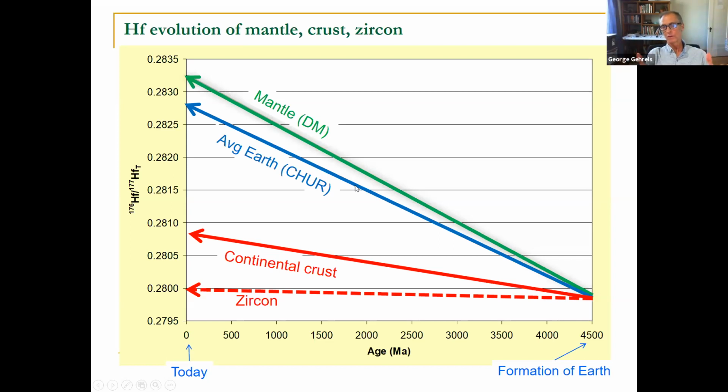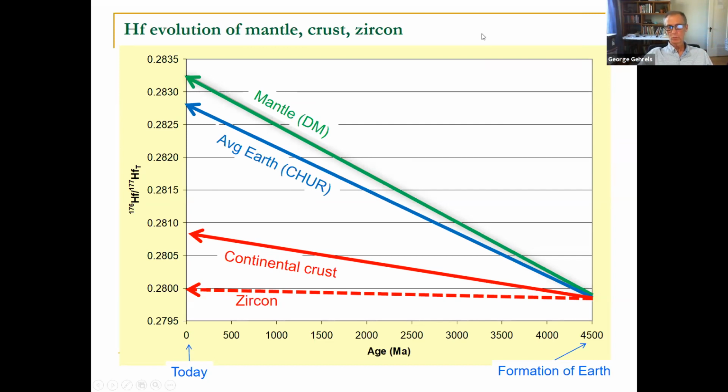It's kind of like what the mantle and the crust were together before crust and mantle separated. And we know a lot about the composition of CHUR because chondritic meteorites have that composition. So we're going to use CHUR as our reference, and we'll talk about mantle, which is changing faster than CHUR, and we'll talk about continental crust, which is changing slower than CHUR, and we'll talk about zircon that's hardly changing at all.